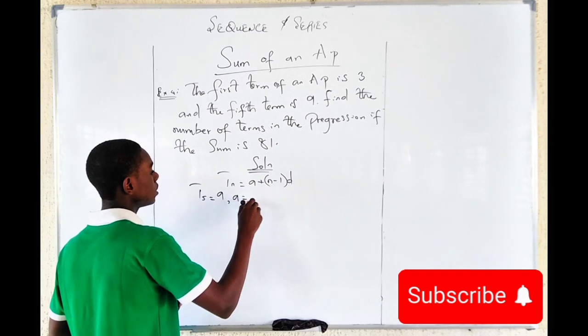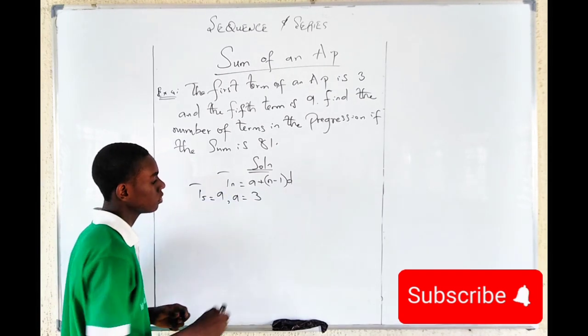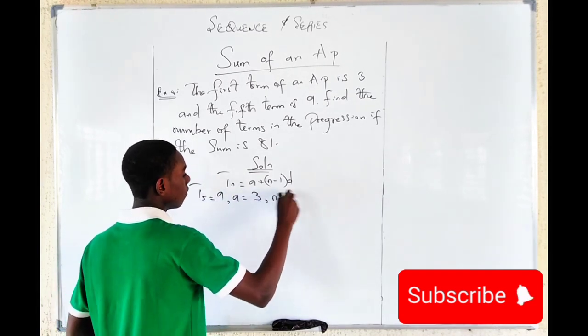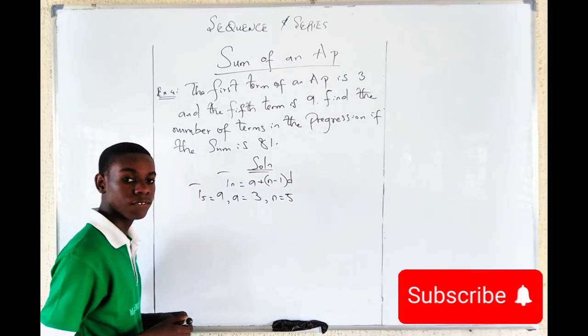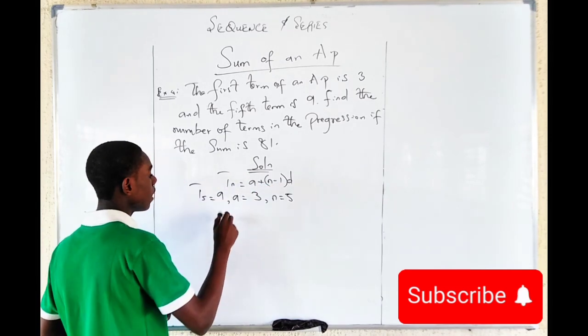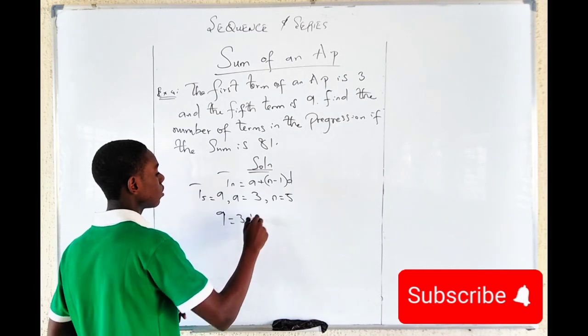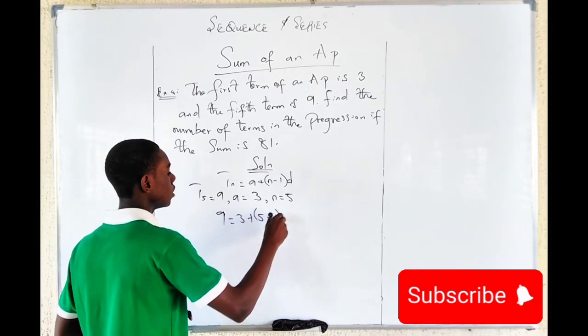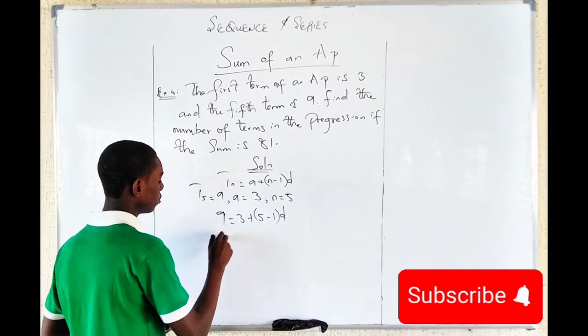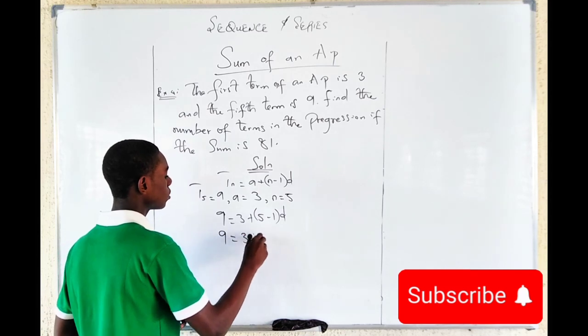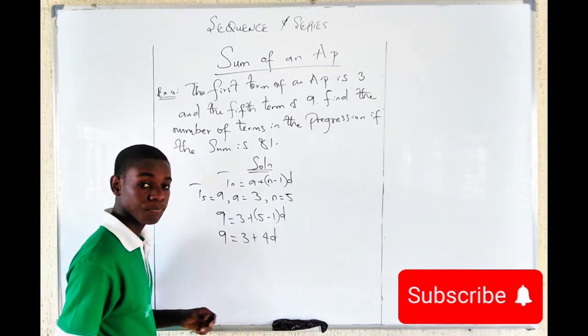So my T of 5 is given as 9, my first term is given as 3, and my n is 5 because it is the fifth term. So solving this, T of 5, which is 9, will be equal to a, which is 3, plus 5 minus 1 d. So 9 will be equal to 3 plus 4d.